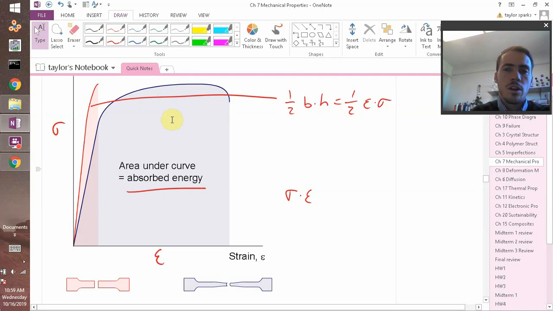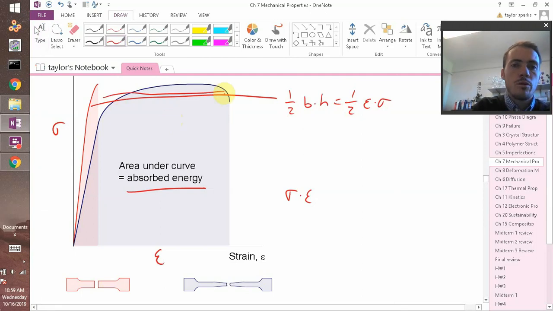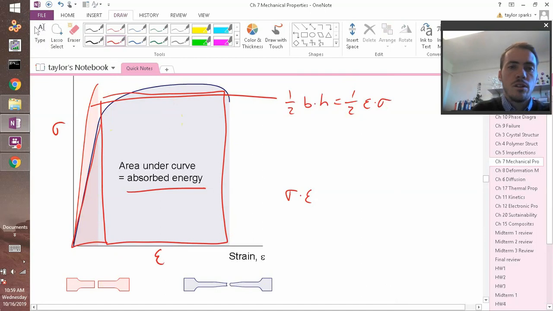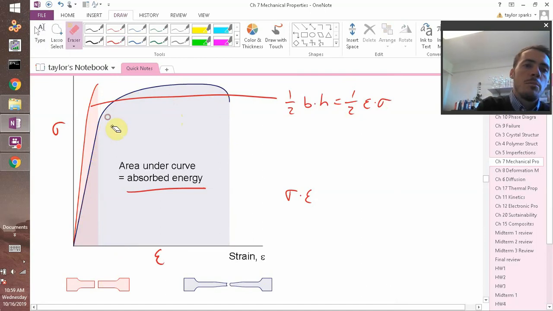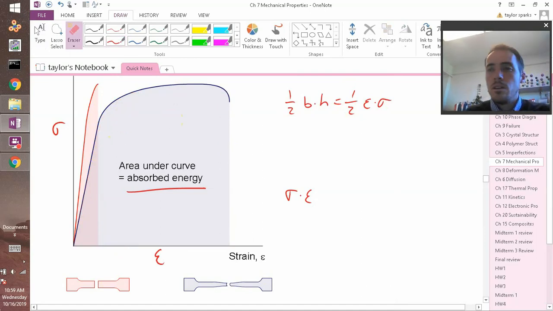So maybe you could think of other ways to do it. Maybe you could call this one roughly a square, add that to the triangle, and you could do it that way geometrically. But really the best way to do this is to do it numerically. Basically take a tiny instantaneous point to do numerical integration. Each one of these, assume it's a little column. If you don't remember how to do numerical integration, it's worth looking up again.